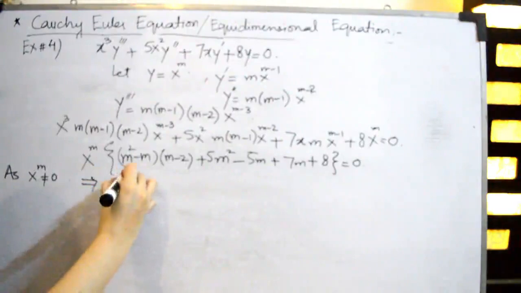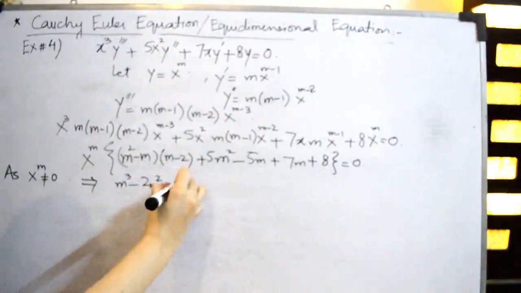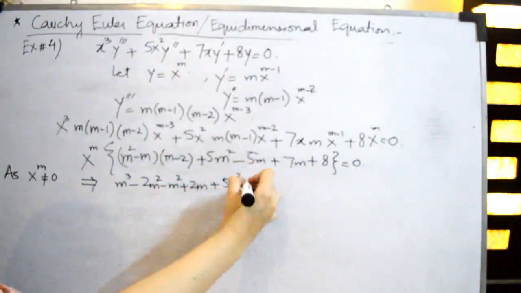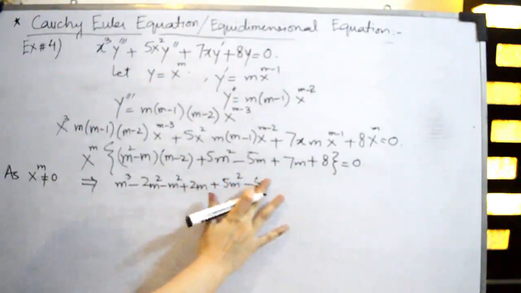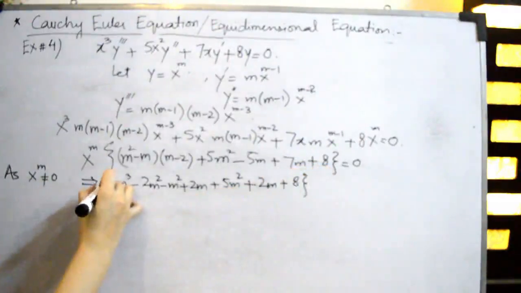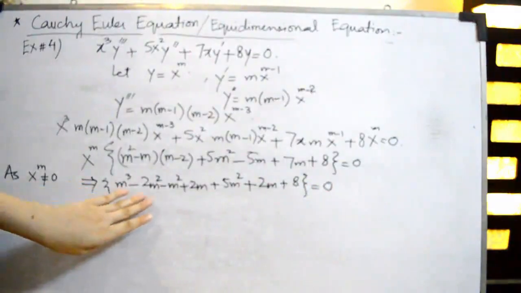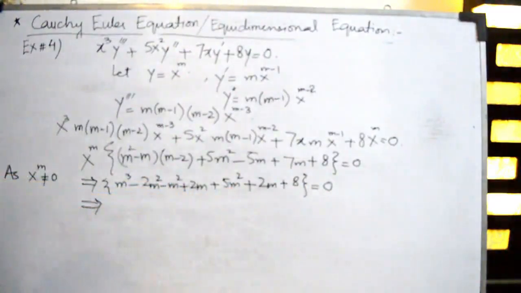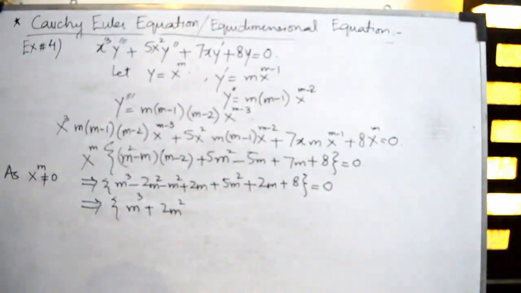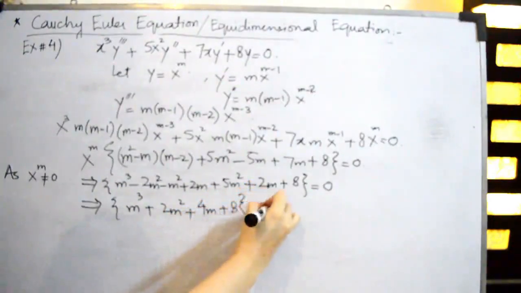So that becomes m cube minus 2m square minus m square plus 2m plus 5m square minus 5m plus 7m plus 8 equals 0. Combining, 5m square minus 3m square makes plus 2m square, and the m terms give plus 4m, plus 8 equals 0.